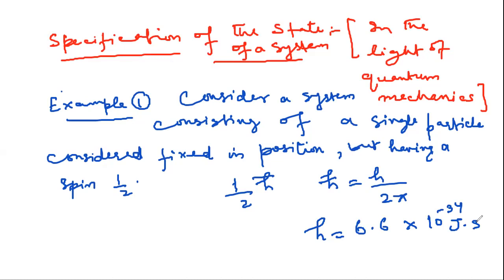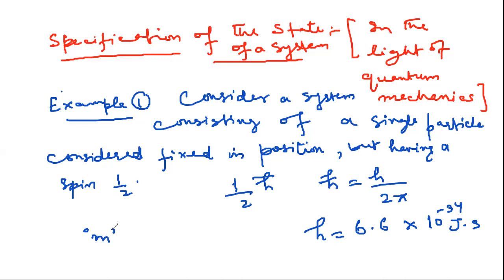Now, in quantum mechanical description, the state of this particle is specified. How do we specify its state? We specify, in quantum mechanical description, the state of this particle by the projection M of its spin along some fixed axis, which we normally choose to call the z-axis.